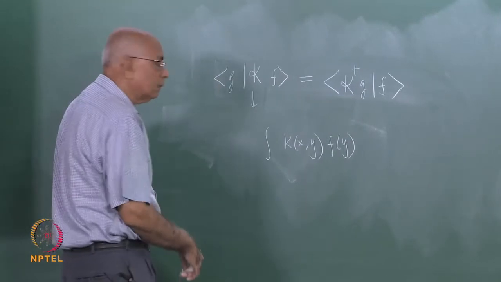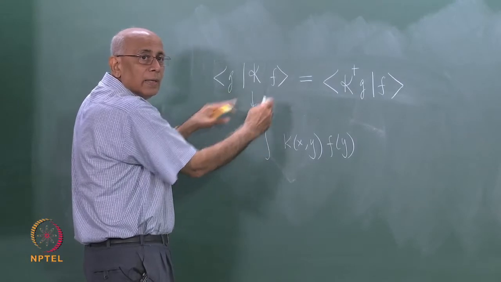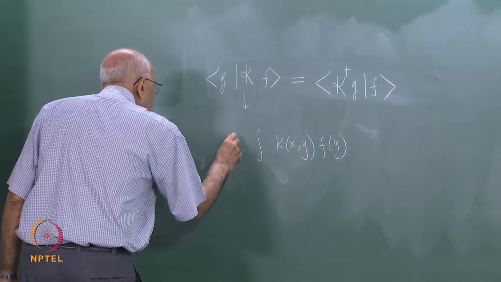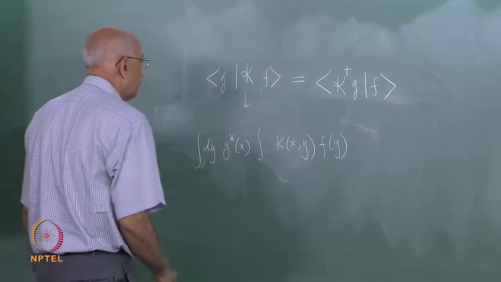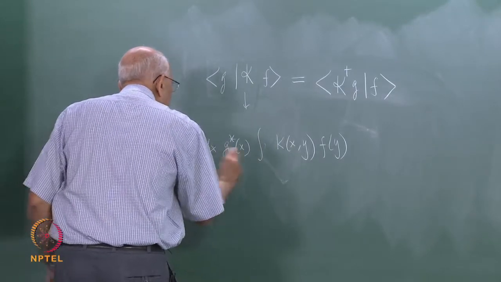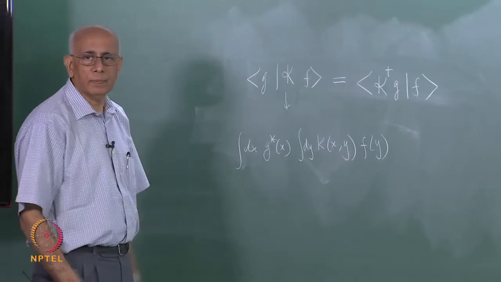range is, that is this vector, and now take its scalar product with this function, which means you have g star of x, integral dy, oh sorry, dx. That is what the left hand side is.